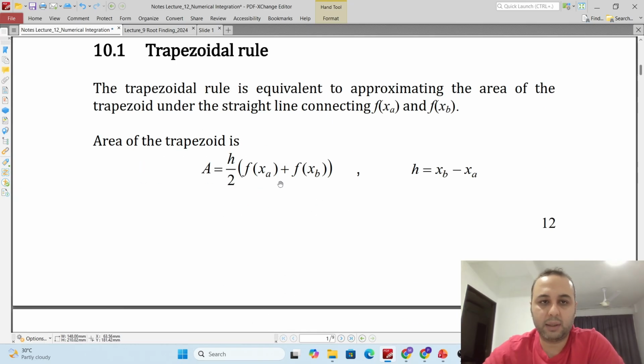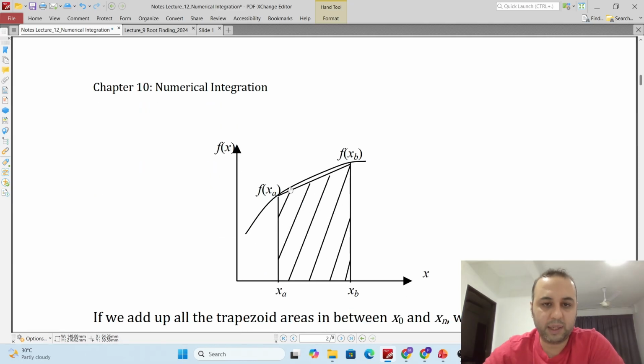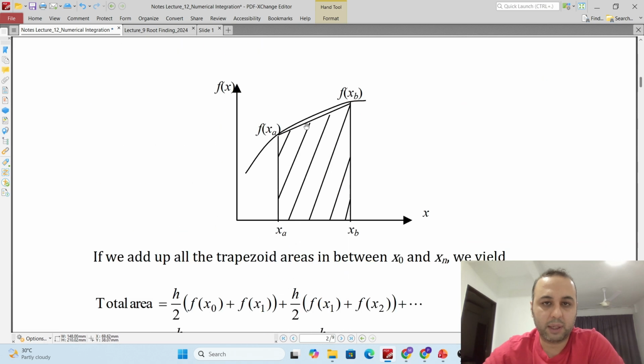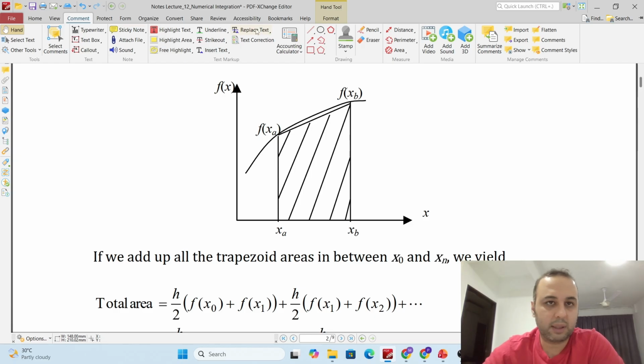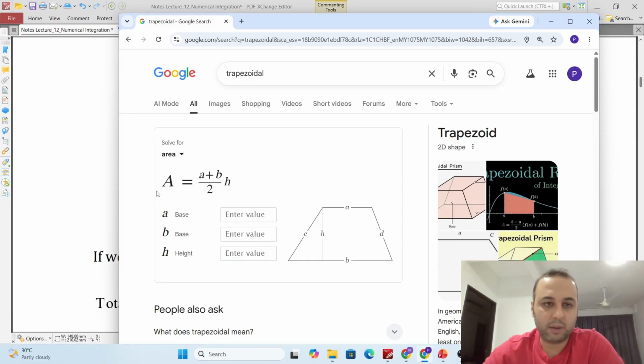So based on that, if we approximate it as a trapezoidal shape and we measure the area, let's say here is h, the trapezoidal area is measured like this: h over 2 times (a plus b), as you can see, right?